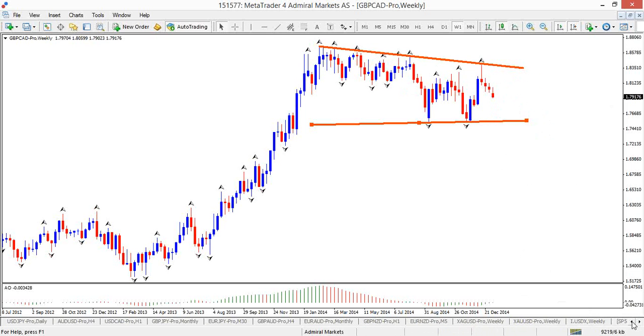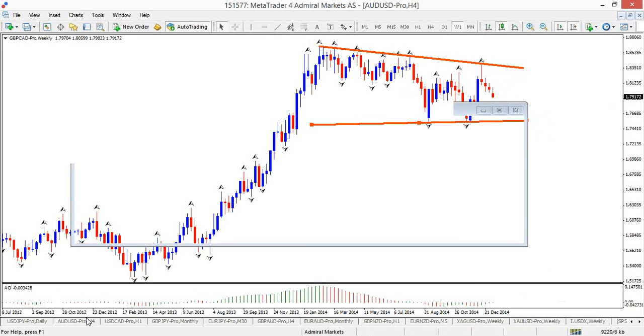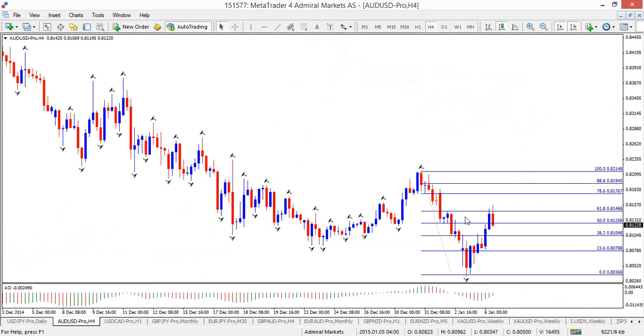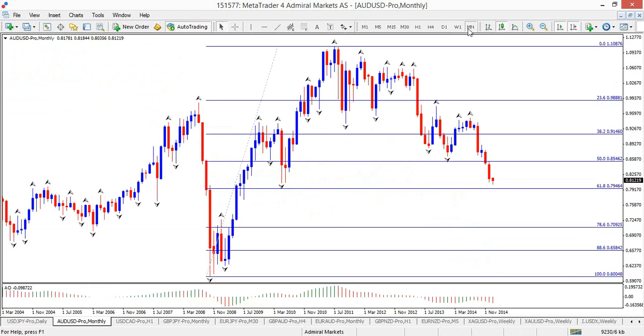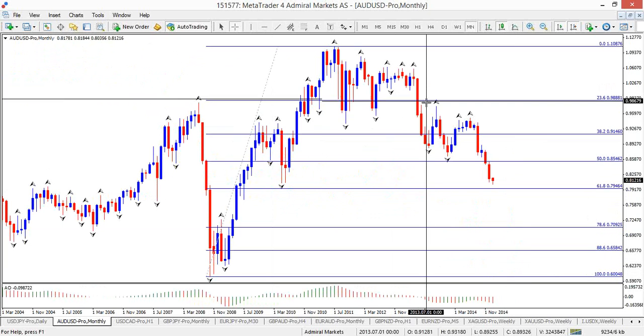Let's see. Aussie dollar. Let's take a look at that. Same bearish candle.